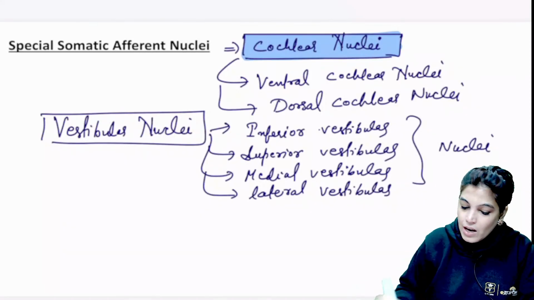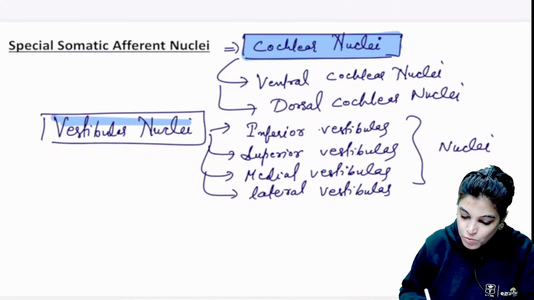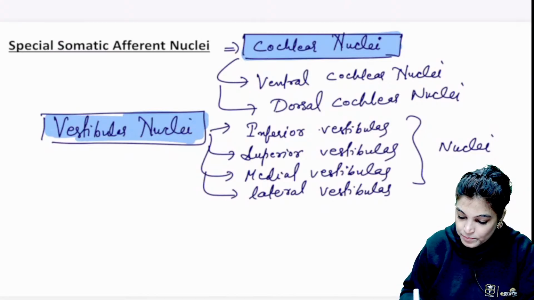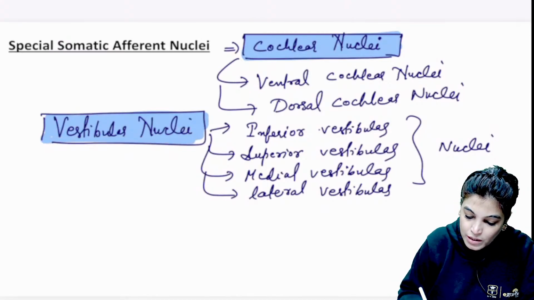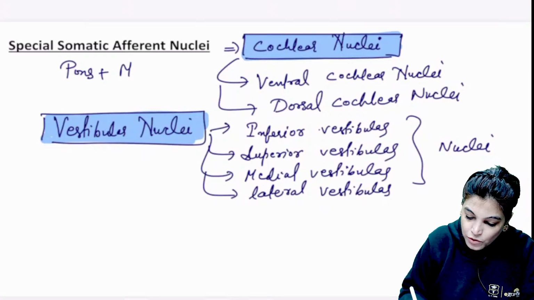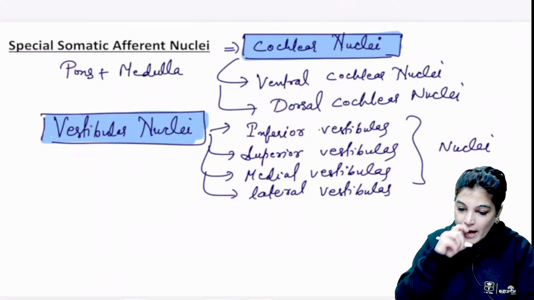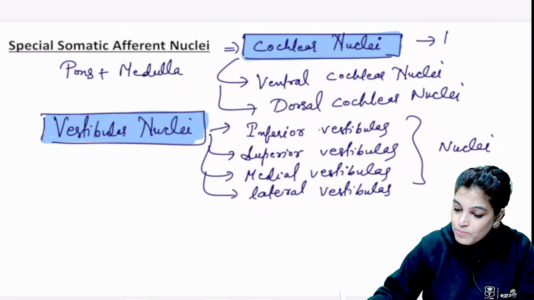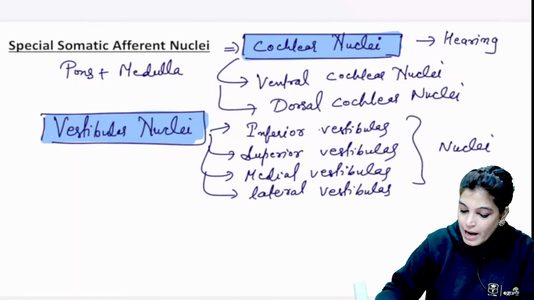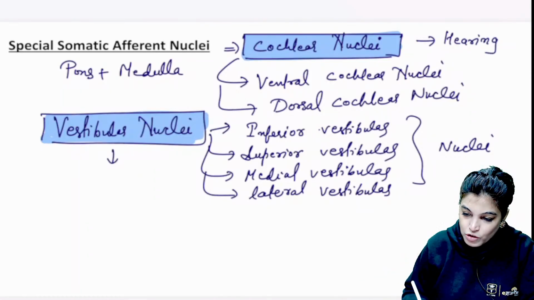Both these nuclei are located partly in the pons and partly in the medulla. So cochlear nuclei are important for the function of hearing, and vestibular nuclei are important for the function of balance.